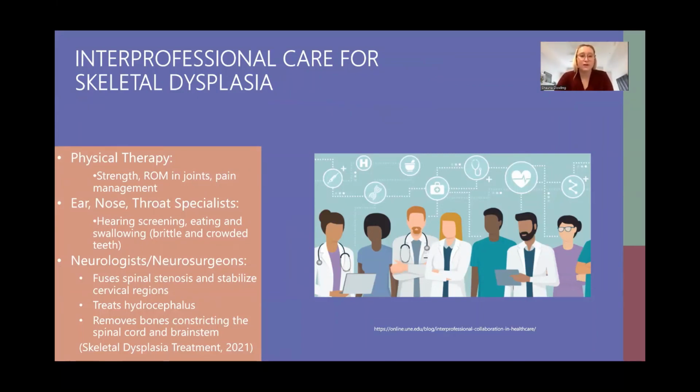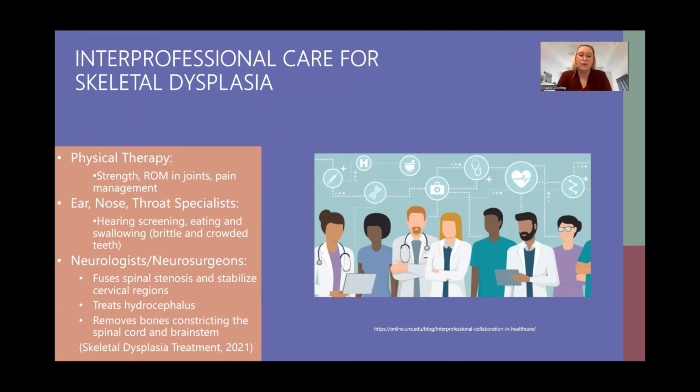And as we said earlier, interprofessional care is very important for treating skeletal dysplasia. We see a lot of physical therapy, ENTs, which are ear, nose, and throat specialists, neurologists, and neurosurgeons. Physical therapists will really help with strength and range of motion in joints and pain management.